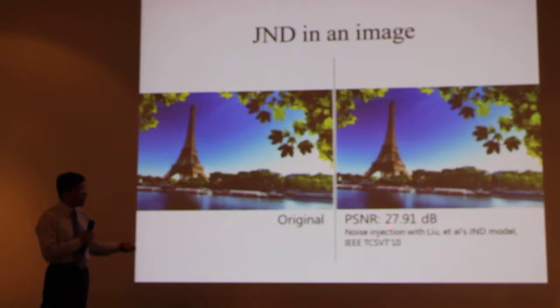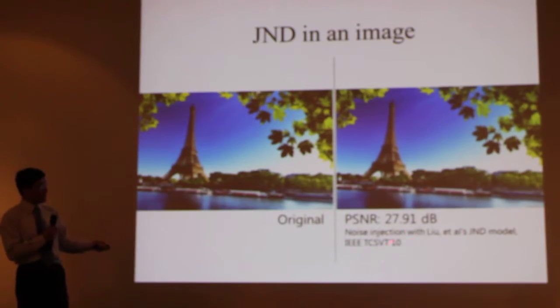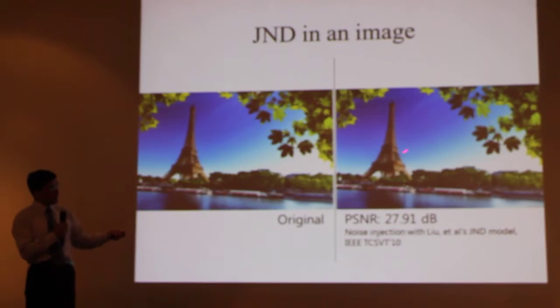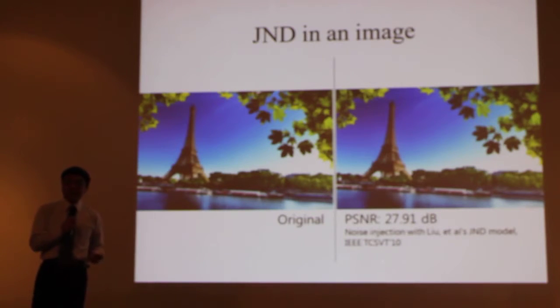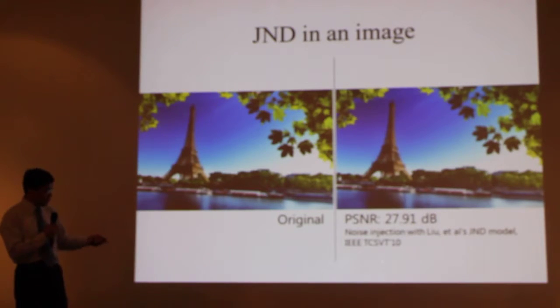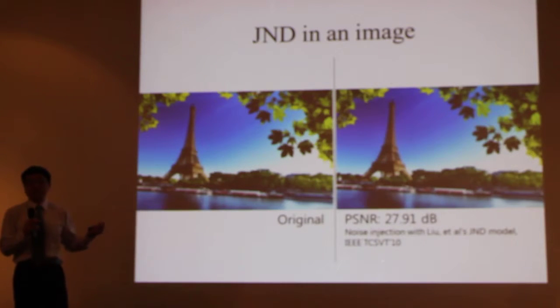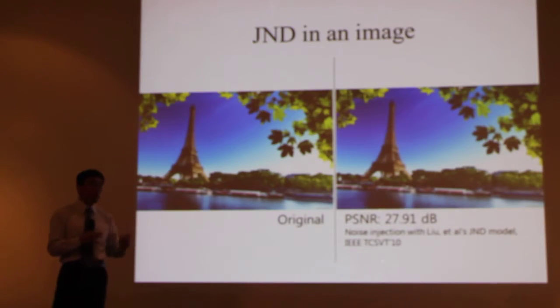This is one model published in CSVT in 2010. We add the noise to those higher JND areas. Actually, we can drop the PSNR to around 28 dB without being noticed. Of course, this is very useful at least for compression of images, watermarking, etc.